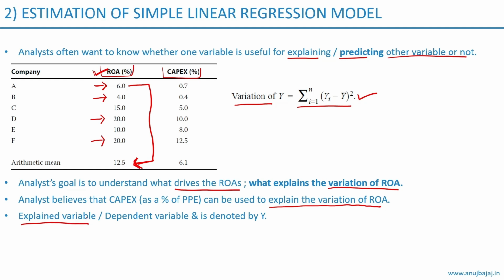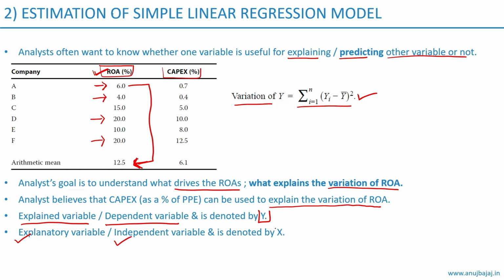We also refer to it as the dependent variable and it is denoted by capital Y. Whereas capex, which is used to explain the variation of the dependent variable, is referred to as the explanatory variable or the independent variable and is denoted by capital X.